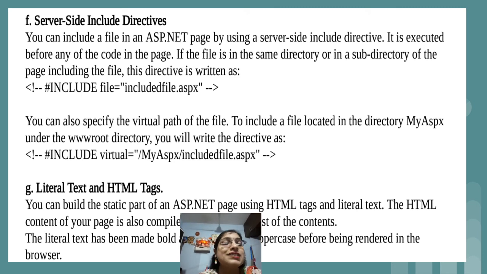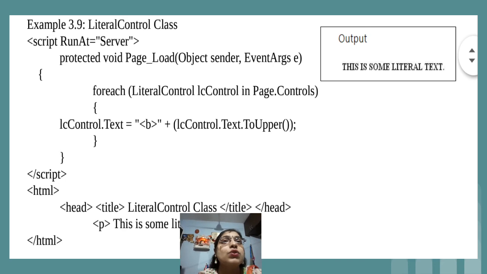From the example it will be clear to you what literal text is. Here we have used the script tag, which, as we all know, is present inside the head tag, with run at server. In the page load event we have used the literal text. Before understanding the code inside the script tag, just see the HTML.